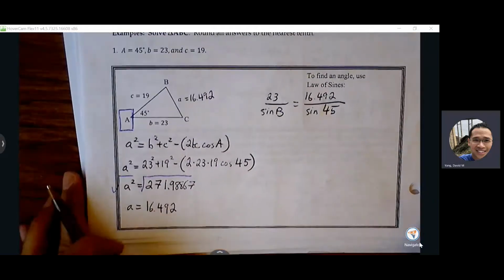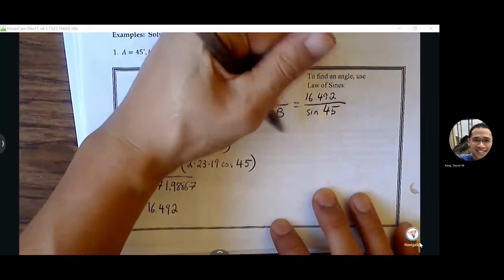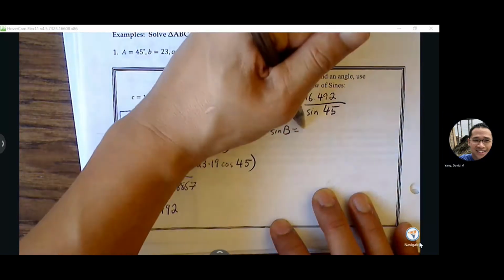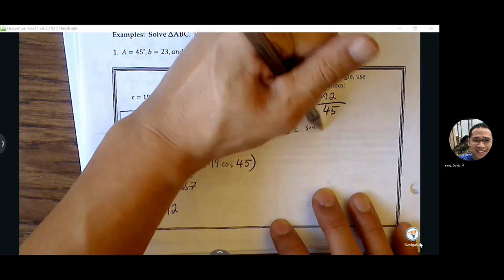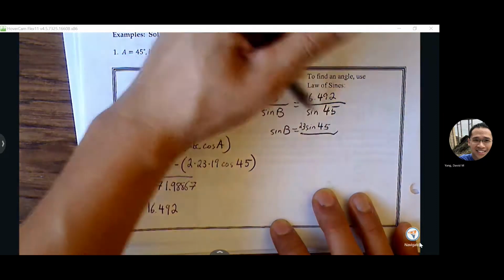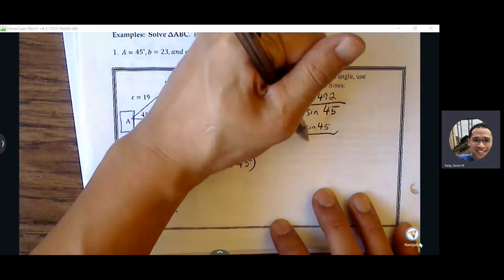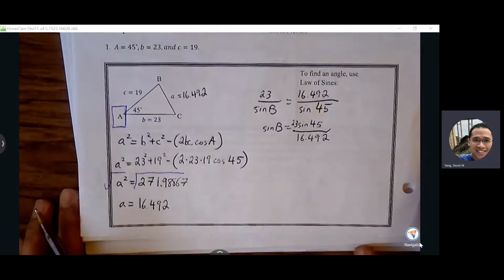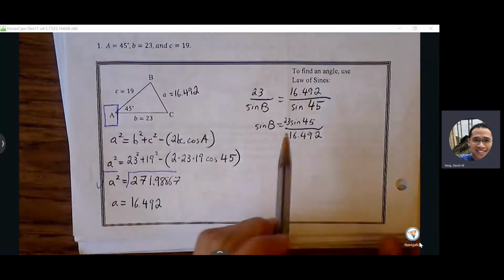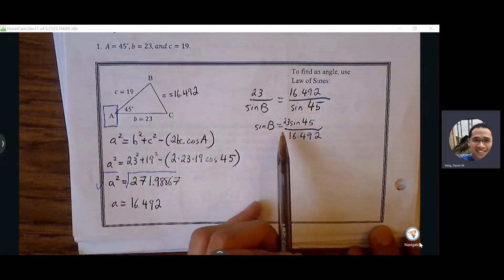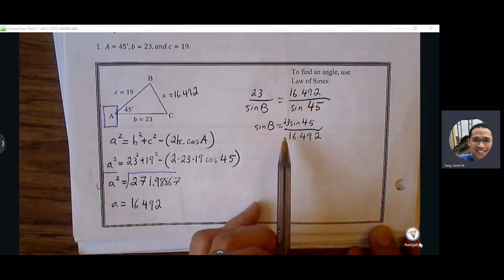Okay, cross multiply. Cross multiply, divide by the 16.492. Okay. Find that decimal value, and then we have to solve for the angle, so we have to involve inverse trig, right? Inverse sine.